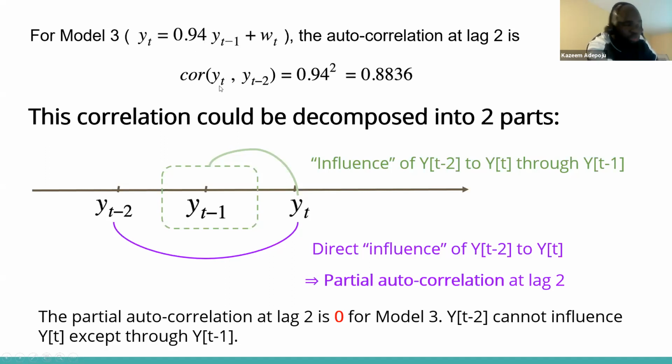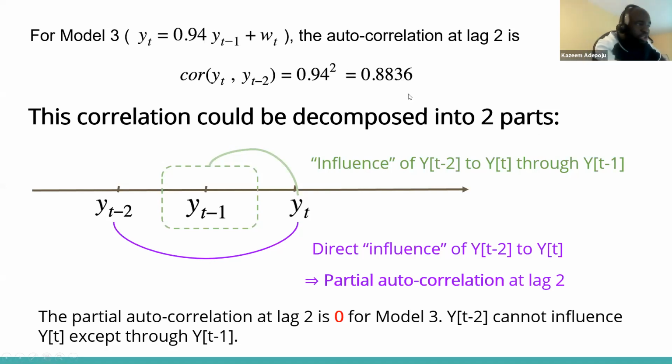If I look at the correlation between the current and the earlier past, I expect the correlation to go down. I expect the contribution of the past to the current to be smaller than the contribution of the immediate past, and that is why you have 0.8836.